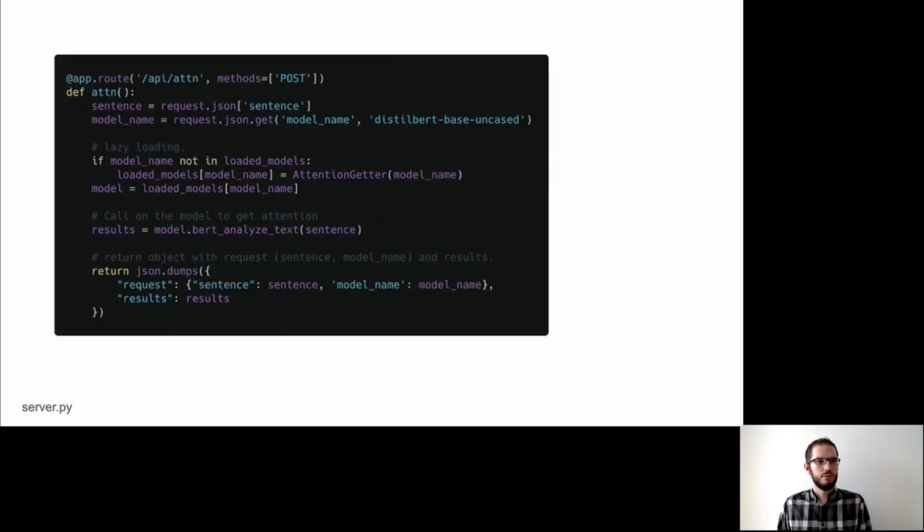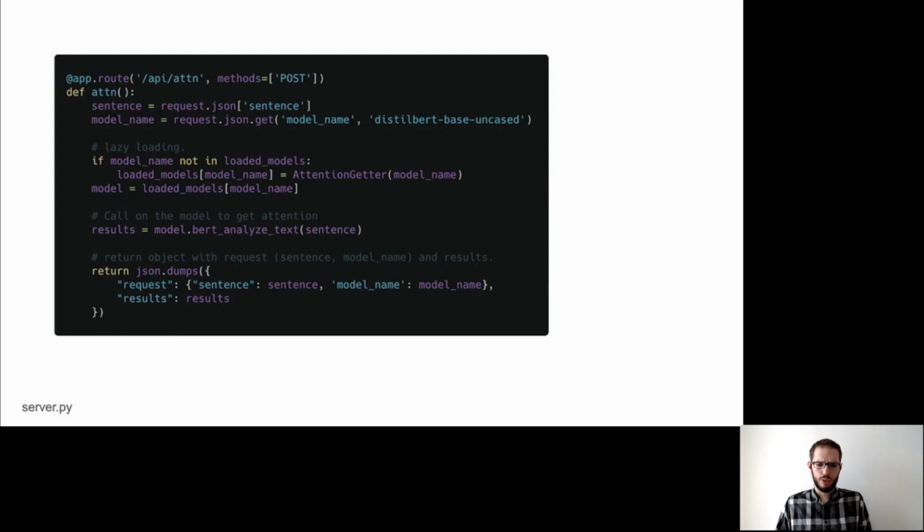Then we also have our API route that we define, which is a route within Flask that whenever we receive a request on API/attention using a post request, we format the post request at first so that we get the sentence, which is the text that we're aiming to analyze. And we also get the model name that is being sent by the front end. In this case, our default model may be Distilbert base uncased.